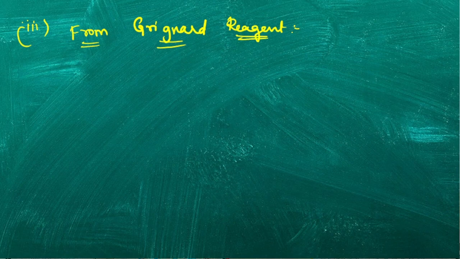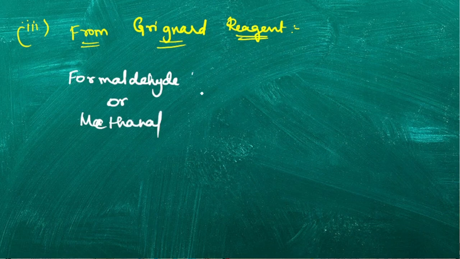From Grignard reagent, you have to remember certain things. So, listen here. If you are going to take formaldehyde, formaldehyde, that is methanal, is always going to produce the primary alcohol.